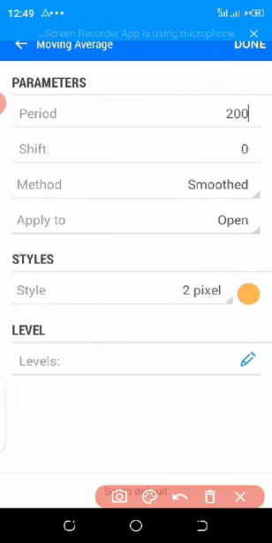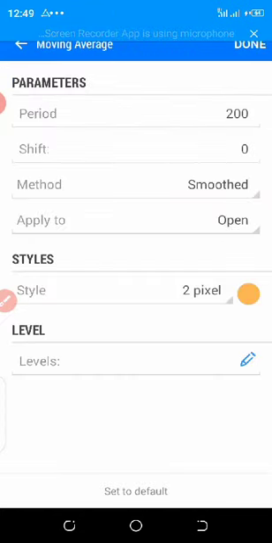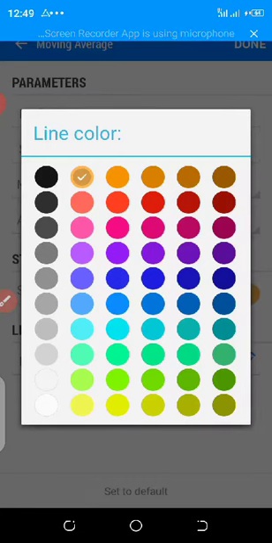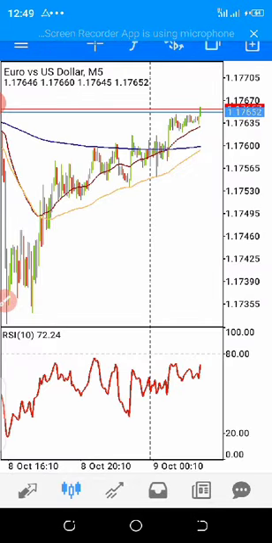Then click done. You change the color to blue. Now we have three moving averages on my chart.